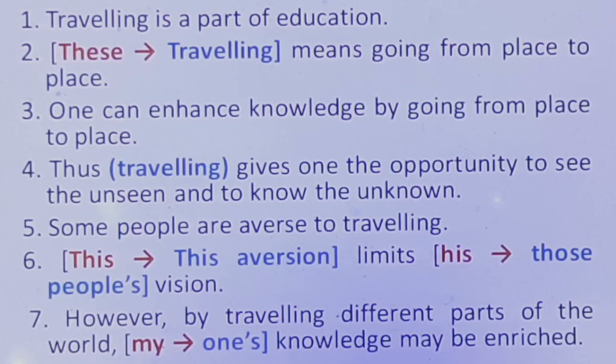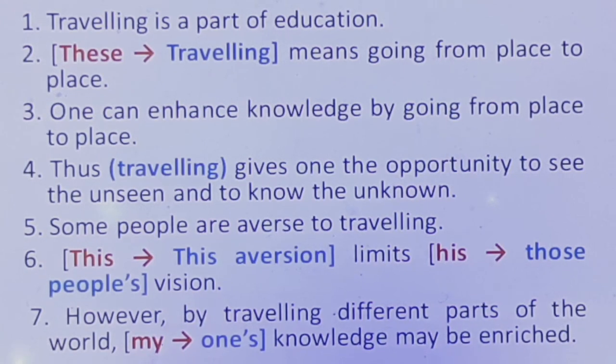This is totally new. Unless we use traveling as a subject here, the sentence remains incomplete. In the sixth sentence, we have to write this aversion instead of this and those people's instead of his. In the seventh sentence, we have to write one's instead of my.